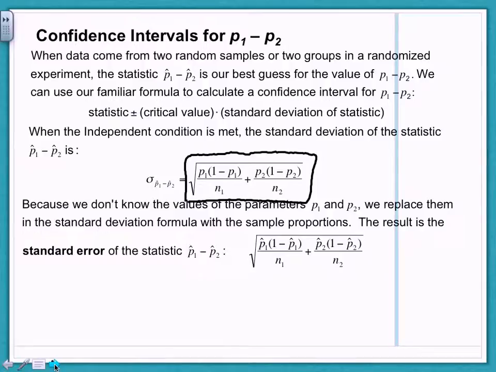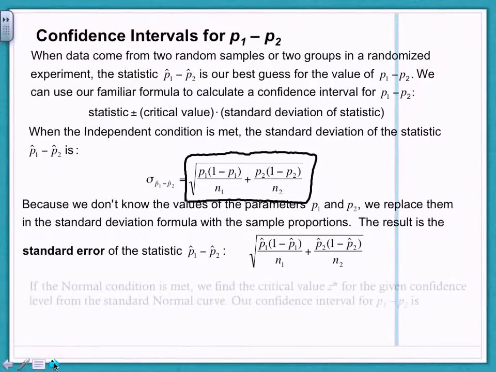Because we don't know the values of our parameters, which we never do with our confidence intervals, we replace them in the standard deviation formula with the sample proportions. So the result is the standard error, which we're very familiar with from chapter 18. Just now, because there are two proportions, you're dealing with a standard error of the difference.